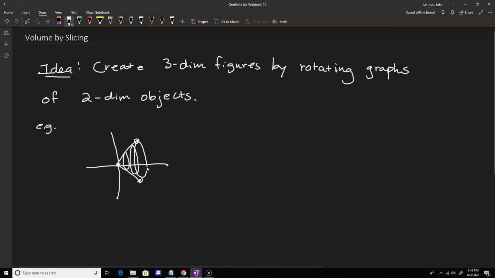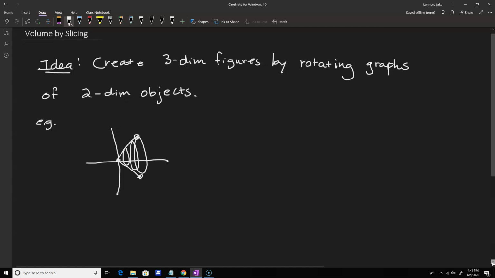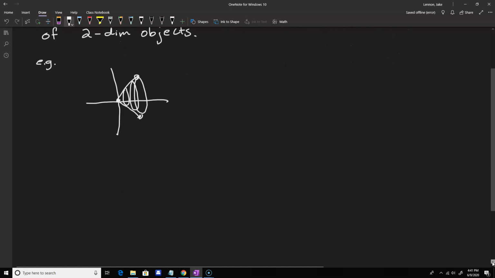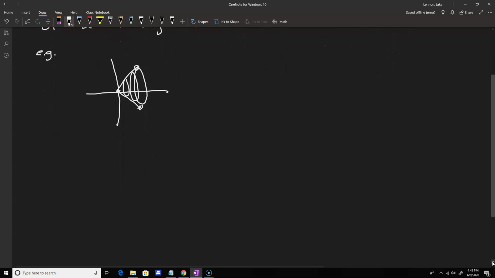We can find volumes of those three-dimensional objects because as we're rotating, we're getting circles that are ever expanding until we get to the end of the interval we're concerned with. So essentially this is integrating combined with the formula for the area of a circle, pi r squared.